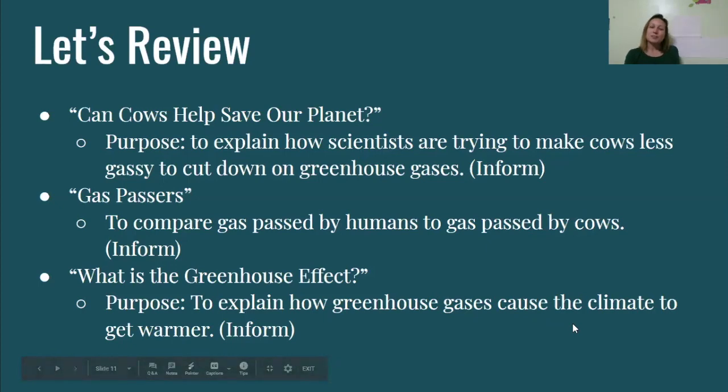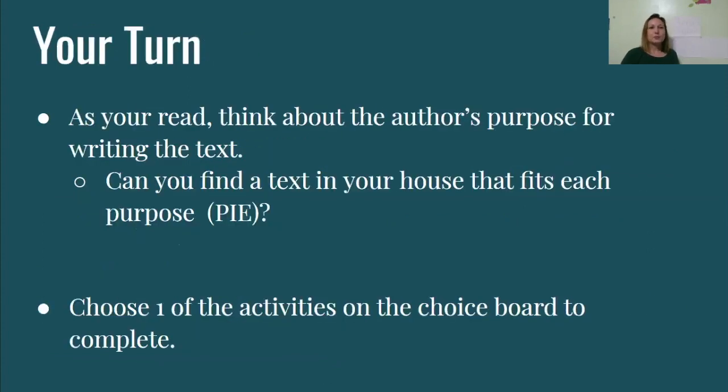So today we focused on the author's purpose of inform. When the author is writing to inform, he or she is giving us information that is trying to help us learn. So your turn now. As you read, think about the author's purpose for writing a text. Could you find a text in your house that fits each purpose?